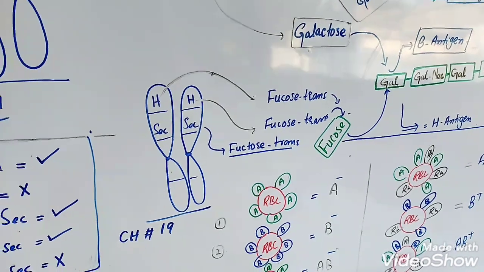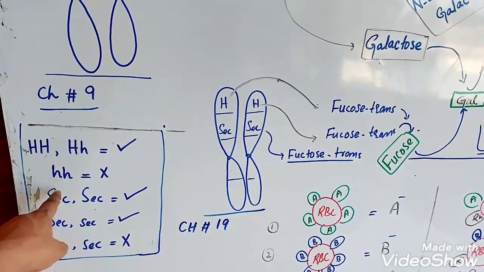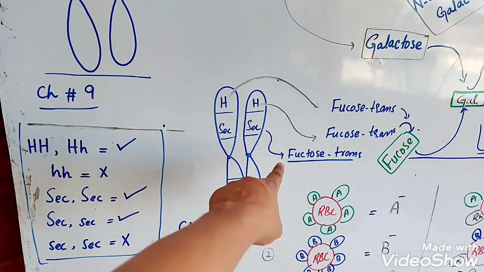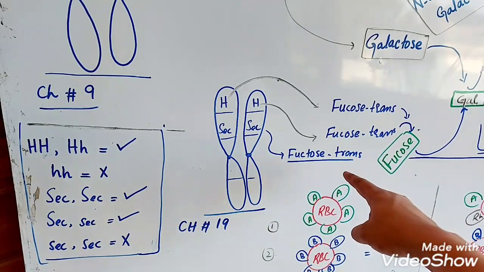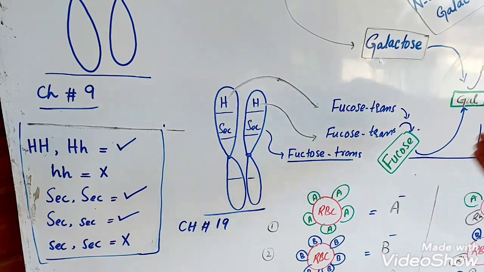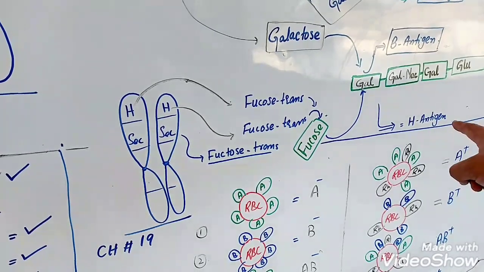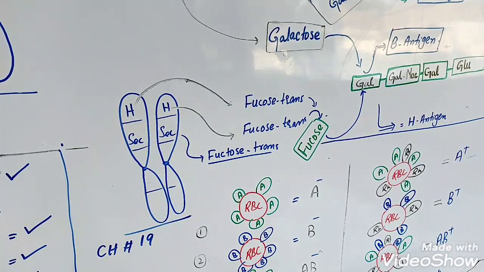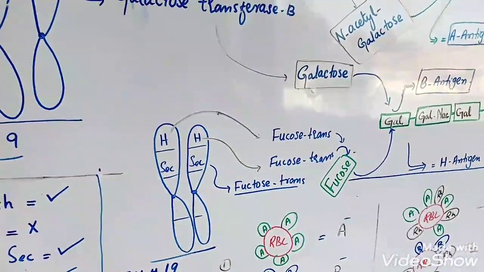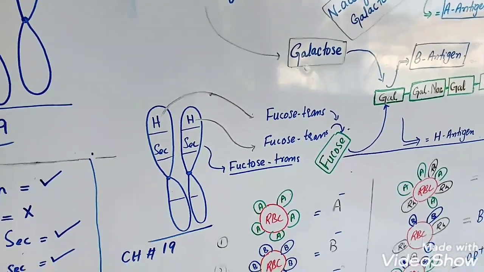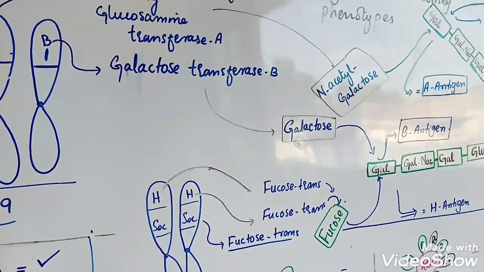But if the person is homozygous recessive with respect to H gene, this person will not produce fucose transferase. When this person is not producing fucose transferase, the fucose will not be added into the oligosaccharide chain of carbohydrates. So this chain will not convert into the H antigen. So when there is no H antigen, both transferase A and transferase B will not be able to synthesize antigen A or antigen B.